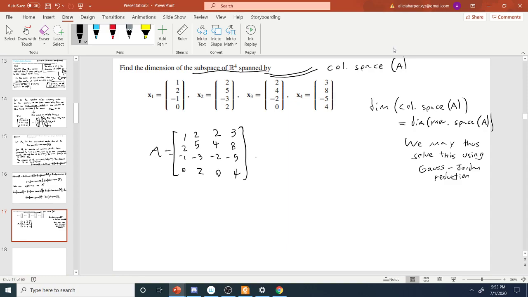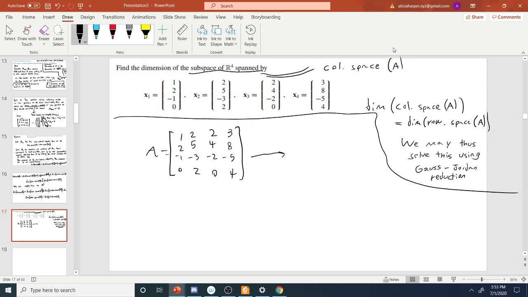If we do that, then we can go about this doing a sequence of matrix operations. First matrix operation I'm going to do is I'm going to set row 2 to be equal to row 2 minus 2 times row 1. And I'll set row 3 to be equal to row 3 plus row 1.